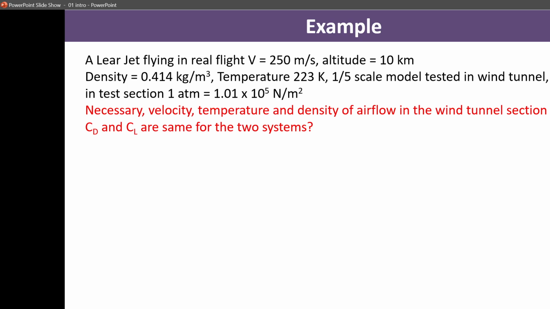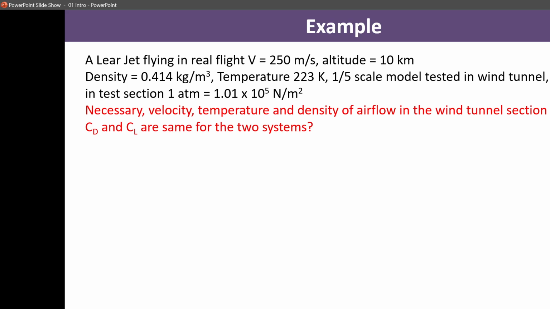We have a jet that is flying in real life. The flight velocity is 250 meters per second. We are flying at 10 kilometers altitude with a density of 0.414 kilograms per cubic meter, temperature of 223 kelvins. And then we are testing a 1/5 scale model in the wind tunnel of the exact same jet. We are given the pressure in the test section, which is 1 atmosphere.